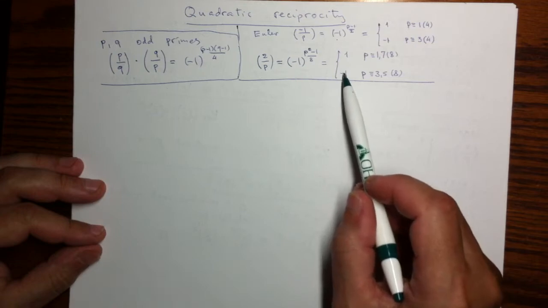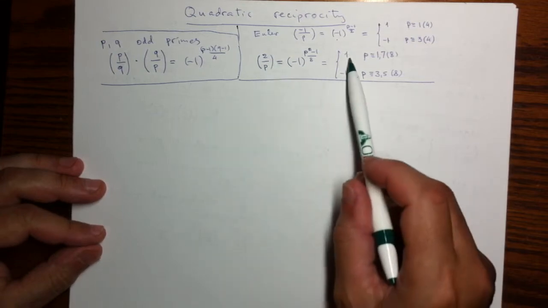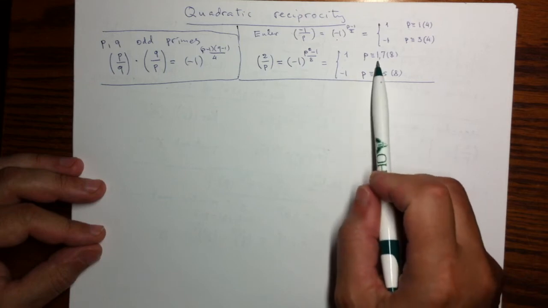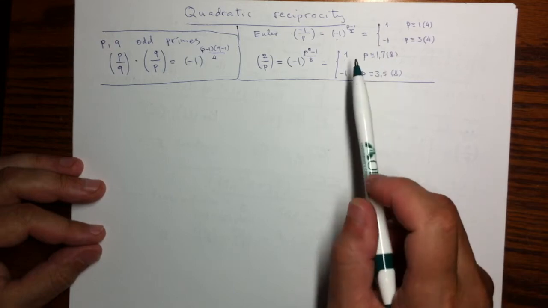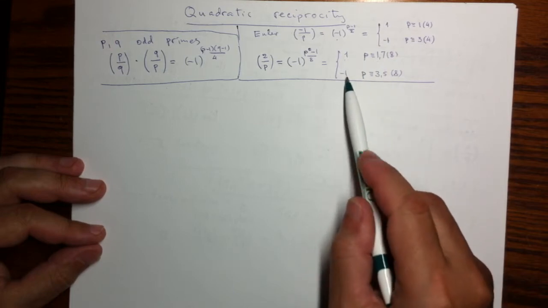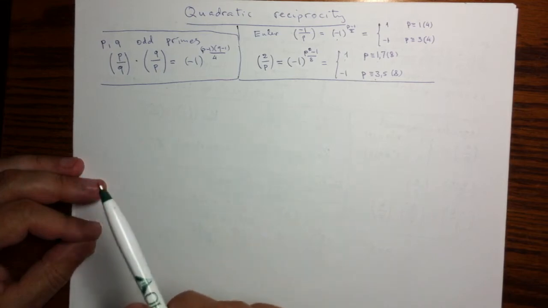So again, these are the answers to the question, is 2 a square modulo prime p? Well, it is if p is of the form 1 plus 8k or 7 plus 8k. And it is not a square if our prime is 3 plus 8k or 5 plus 8k.